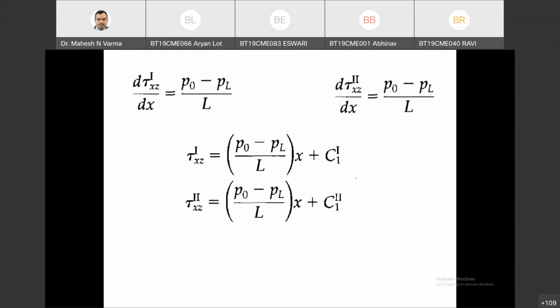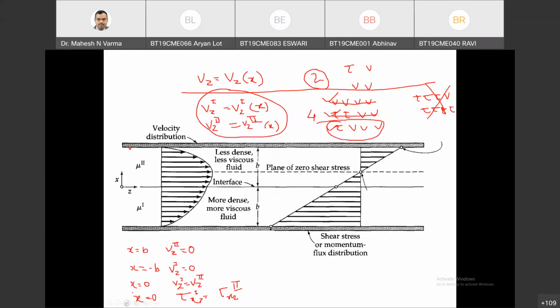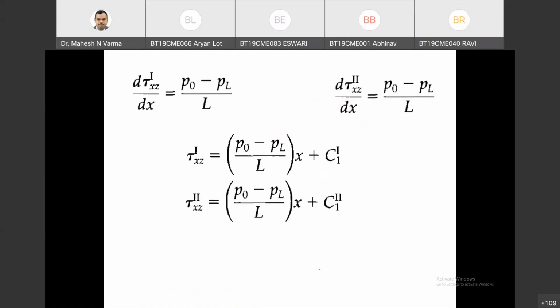Now how to use these? Among these 4 boundary conditions, there is only one flux boundary condition. So I can use this flux boundary condition at x equals to 0: tau xz for phase 1 will be equal to tau xz for phase 2. You can use this boundary condition here and eliminate either one of the constants.